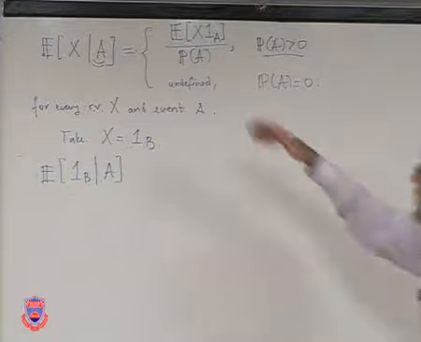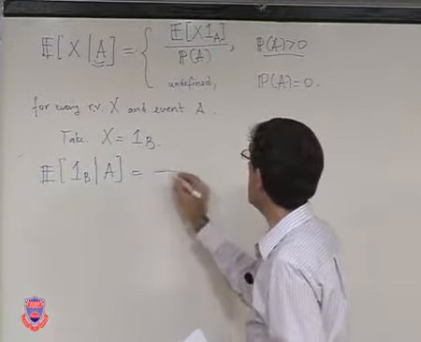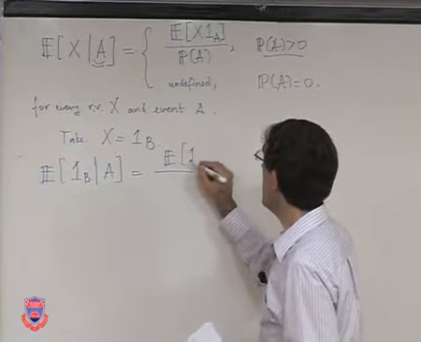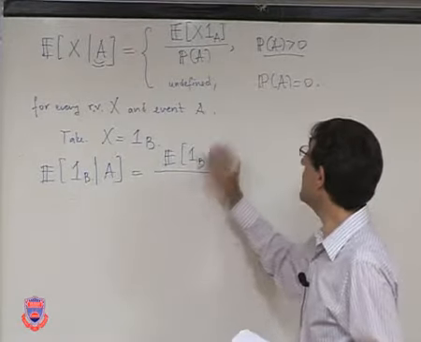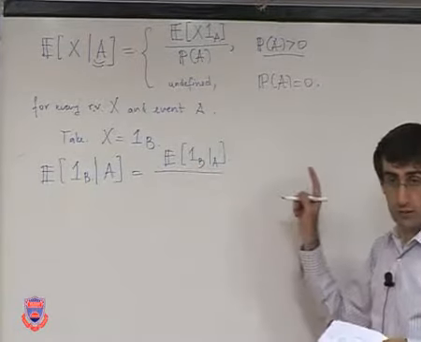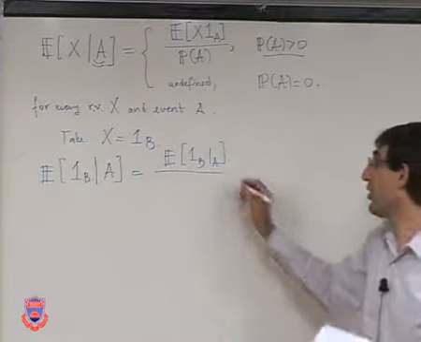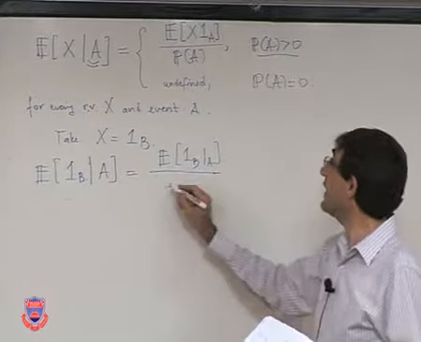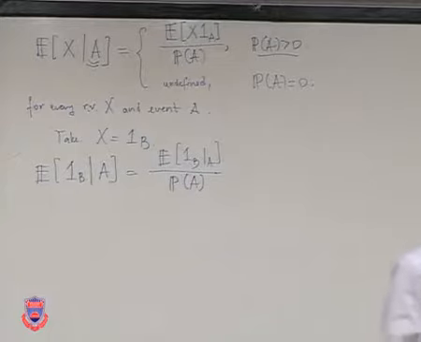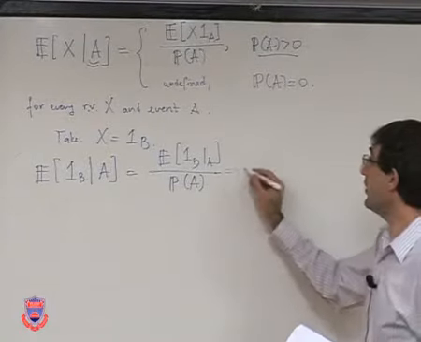Well, if the definition is this, then this becomes what? The indicator of B times the indicator of A. Now, the unconditional expectation, that's easy. There is not much to explain at all. So you have this expression, you have to evaluate this expression.